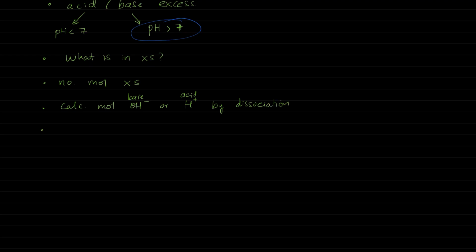After that, we need to calculate the concentration of the OH minus or the H plus, and here we need to look out for something called additive volume.